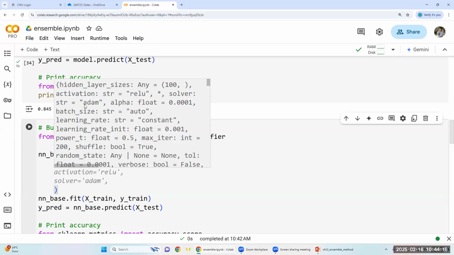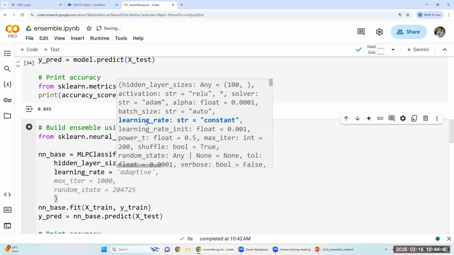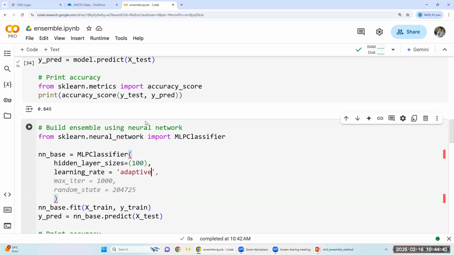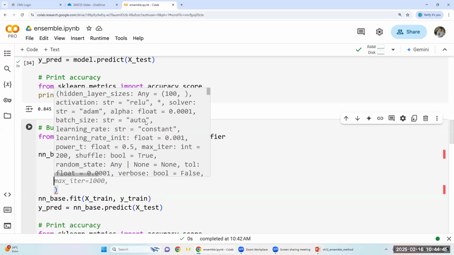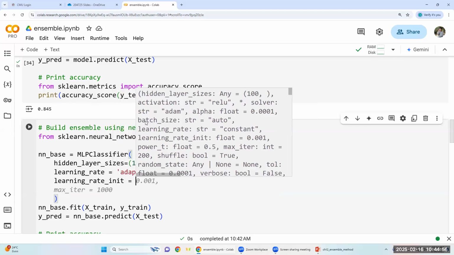Another one that you can pick is the learning rate strategy. The default one is the constant learning rate. If you want to use a different one, you can say adaptive. When you say adaptive, you have to specify the power and also the max iteration, and the initial value.